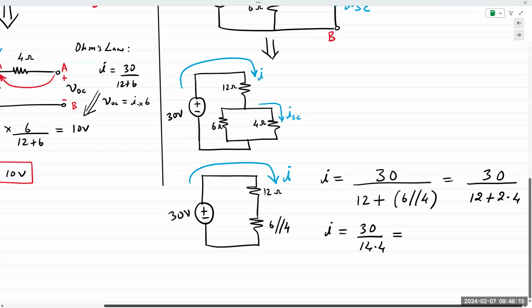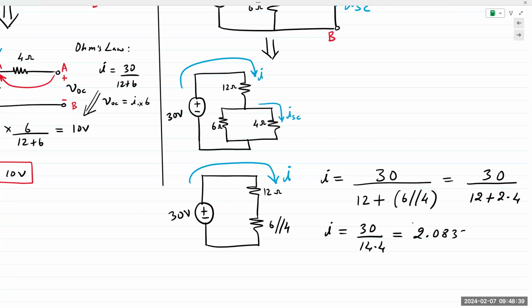And that is, let's see, what is that? Remember, this is the total current in the circuit, not the ISC. 2.083. Okay, this is just the total current I being supplied by the 30 volt source.